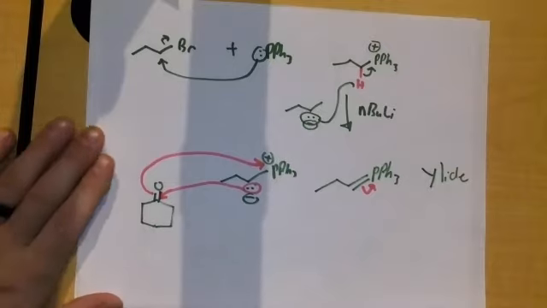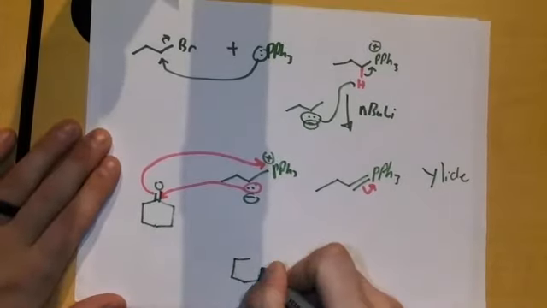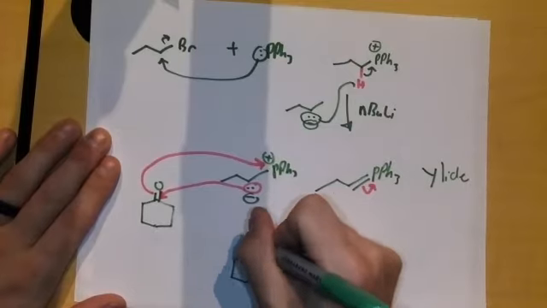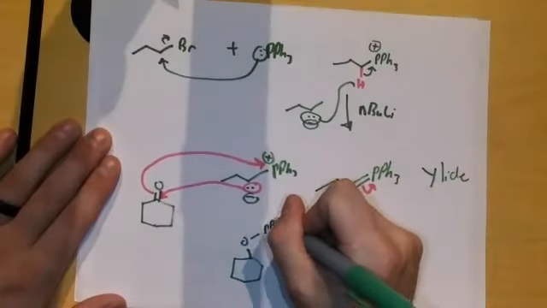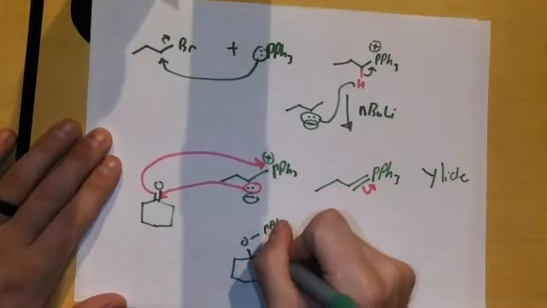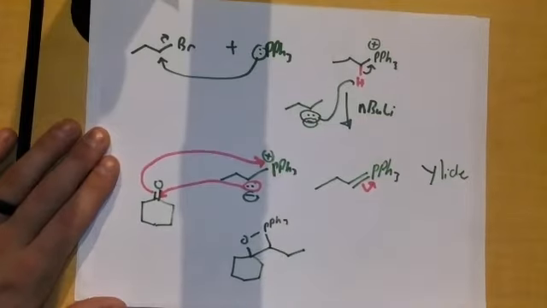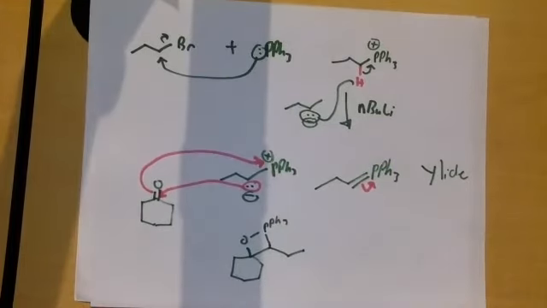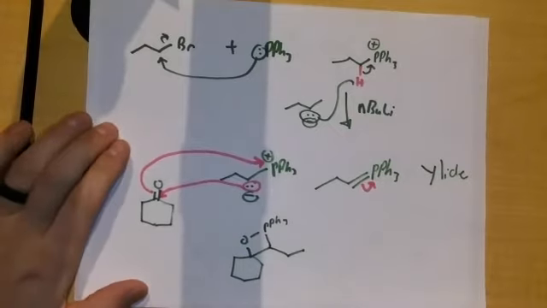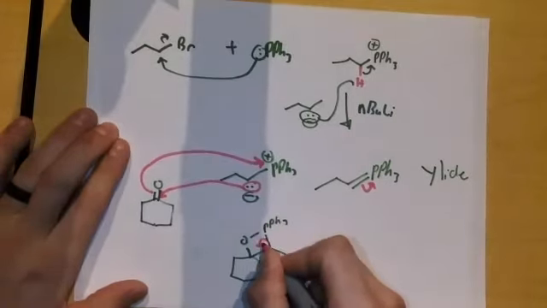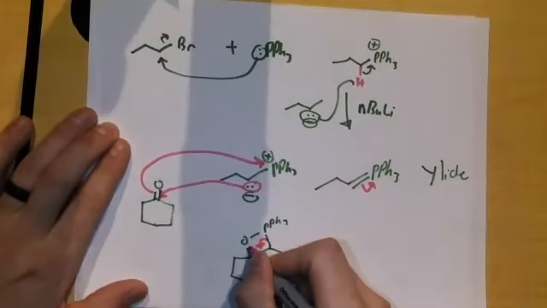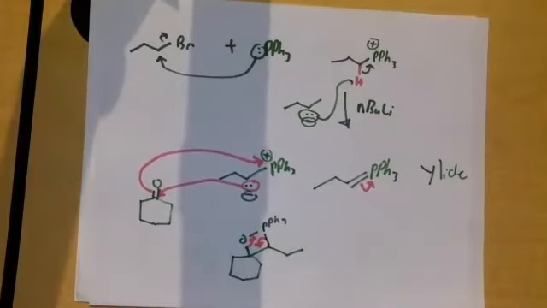We're going to make a 4-membered ring. That looks like this. We are going to kick electrons down to form the double bond, kick these ones up to form our triphenylphosphine oxide.